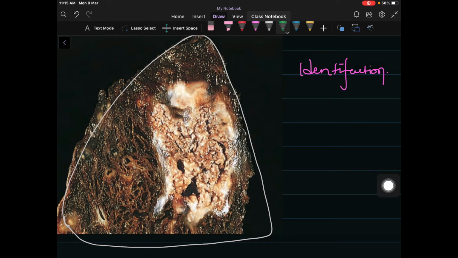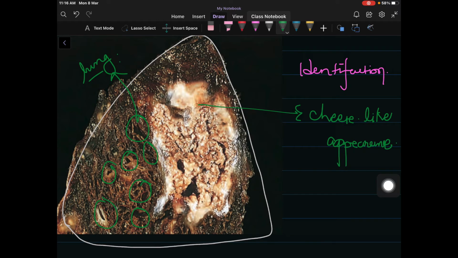But in the image we can see small pores or air sacs, so we can confirm this as a lung. So the first thing is the identification of the organ. And the second thing we can see here is the cheese-like appearance. So we can say that it is the caseous type of necrosis.